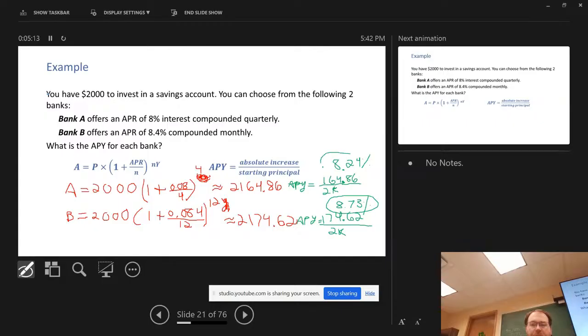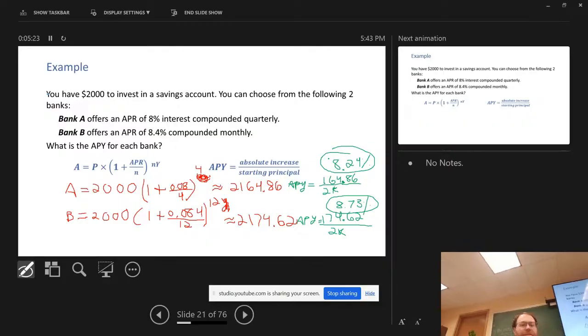Yep, so as a decimal, 0.0824 for the first one would be the same as that.